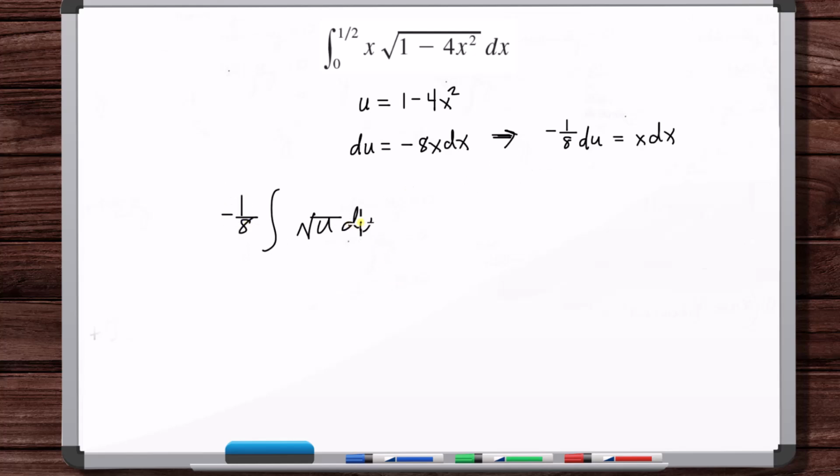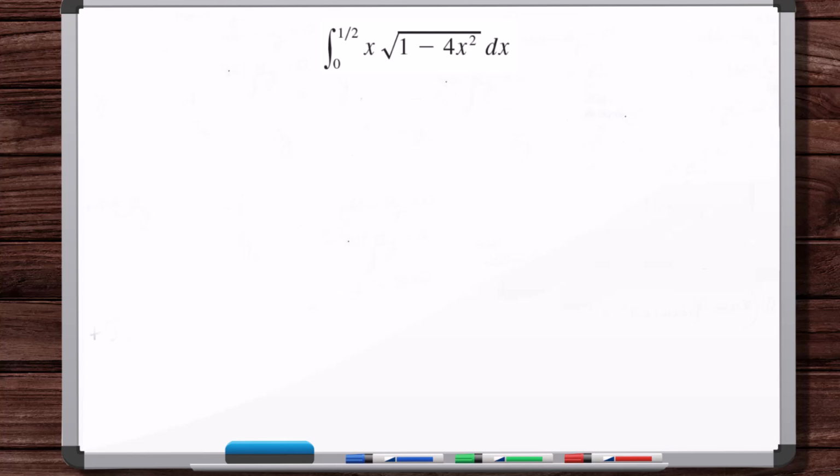So it would just be square root of u du with the minus 1/8. And then you would say when x is equal to 0, u is equal to 1. When x is equal to 1/2, u is equal to 4 times 1/4, u is equal to 0. And that'd be it. But, okay, let's just assume that we don't do a u substitution.